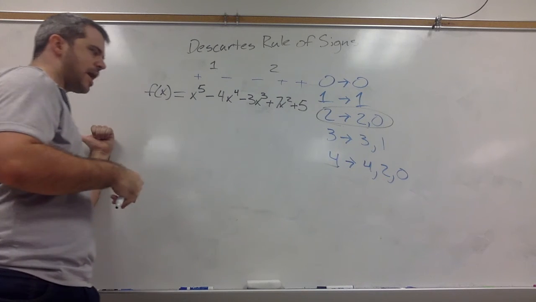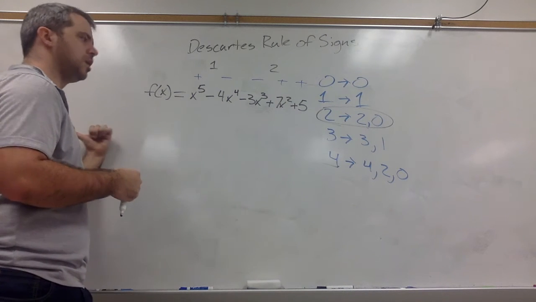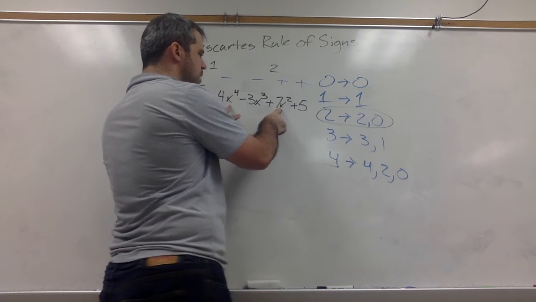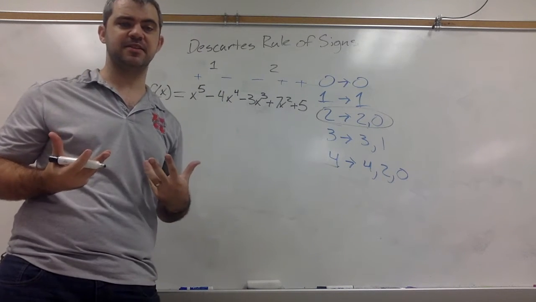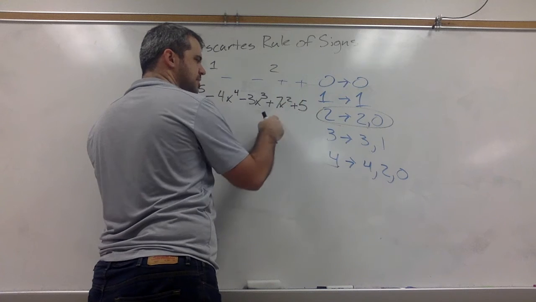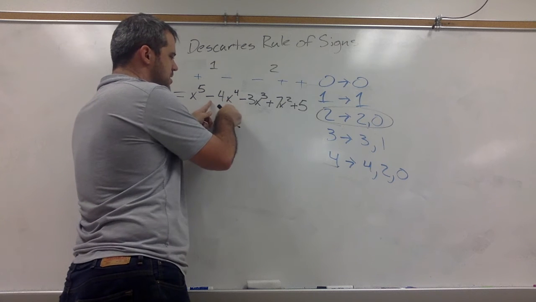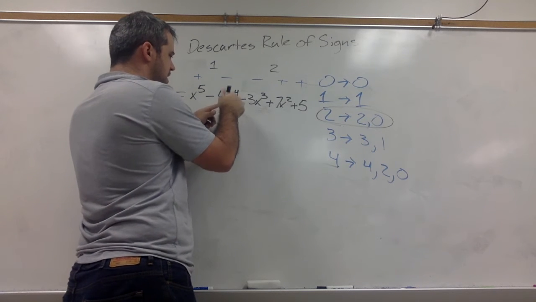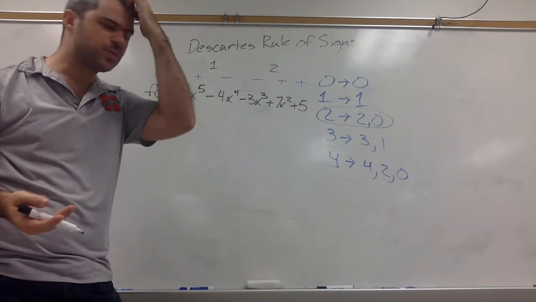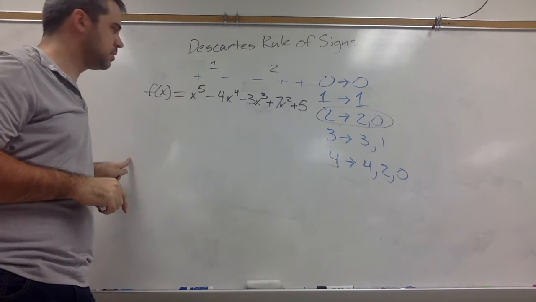So when we start going to the left, x getting smaller, these terms are going to have the same effect that they had going forwards. As x gets smaller, this term is going to get bigger because of this positive. This term right here, as x gets more negative, is still going to go negative. But as we go negative, instead of this term getting bigger, it's going to be getting smaller.